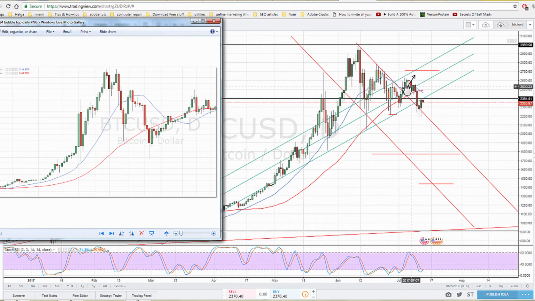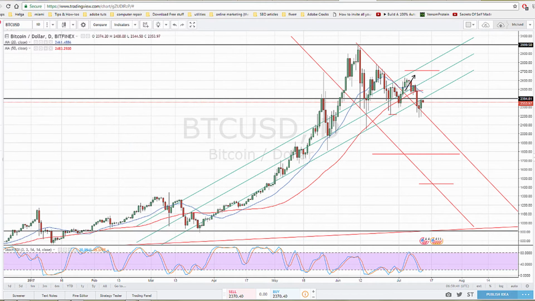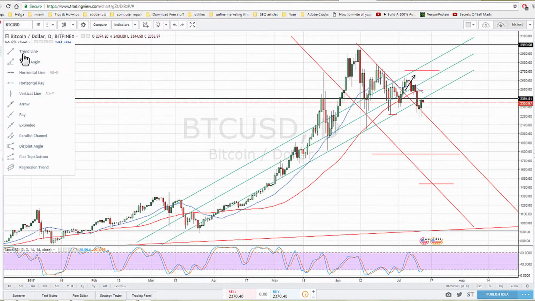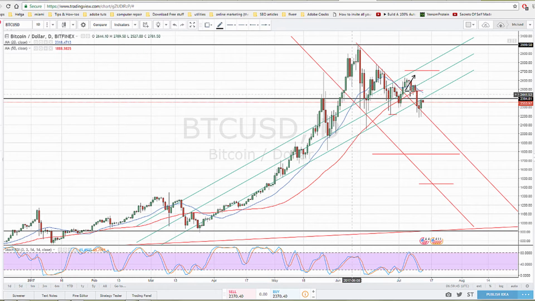So I was expecting something similar since these patterns have been repeating very consistently for so many months. It was expected that it would do the same. It would hit 2,700, making a double top with this lower peak of the bubble and then going into a bear market. So that was what I was expecting.